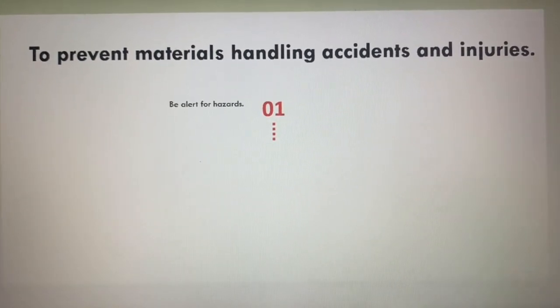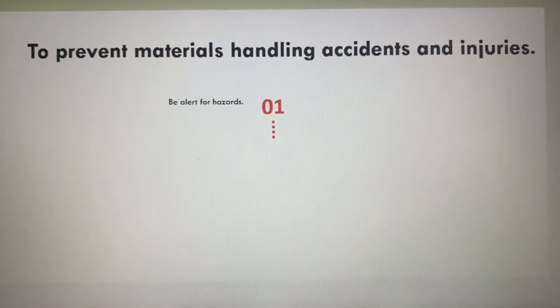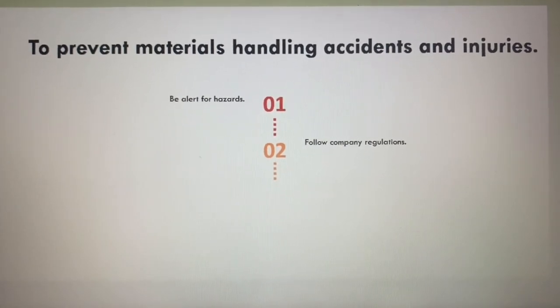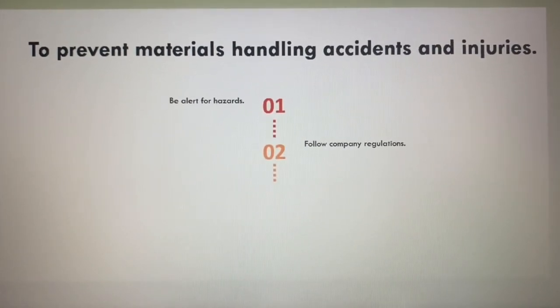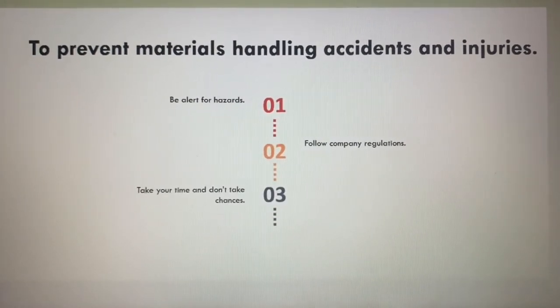We should be alert and attentive and watching for the hazards that might happen. Number 2, follow the company's safety regulations. We should always keep in mind the safety regulations. Number 3, take your time and don't take chances. So we should take our time and not rush things.